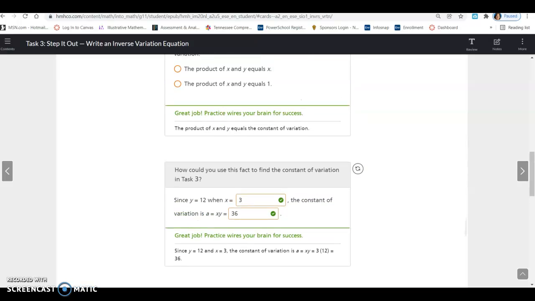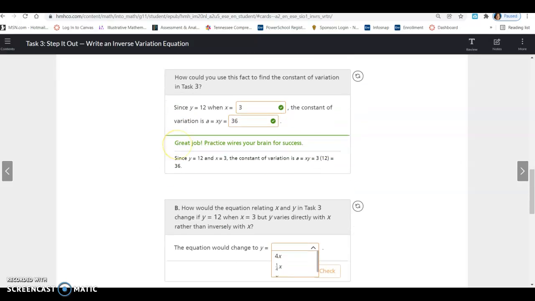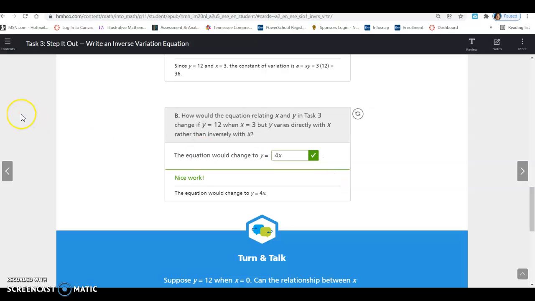Now it's going to be y equals 4x. And if you put a 3 in here, 3 times 4 equals 12. So it still will work out.